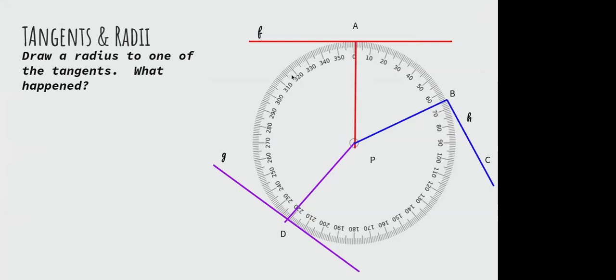So we have line F, and we drew a radius from P to the point A. What happened at the intersection? What is this called? Pull back on all of your old math knowledge. What's happening on the left side of this intersection as well as on the right side? What type of angles are formed?